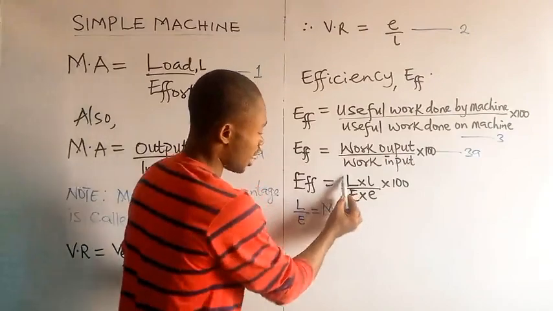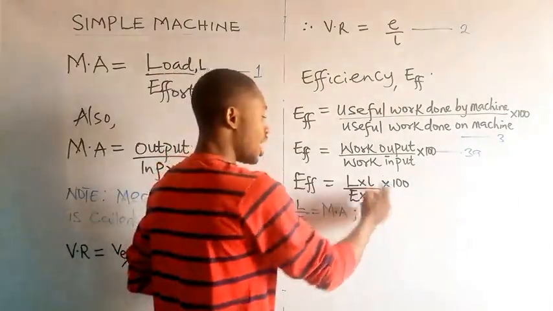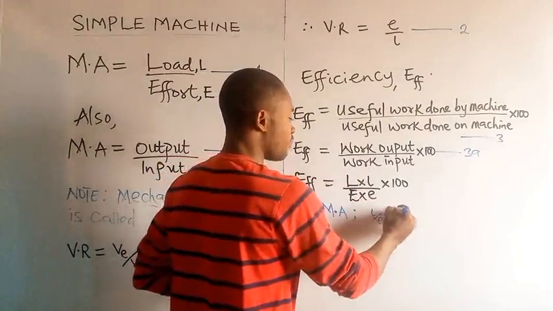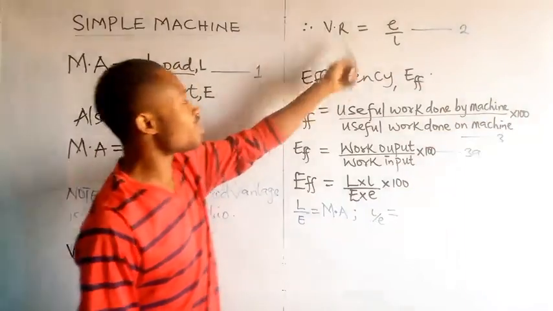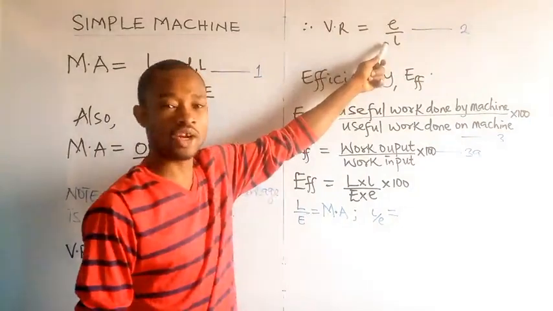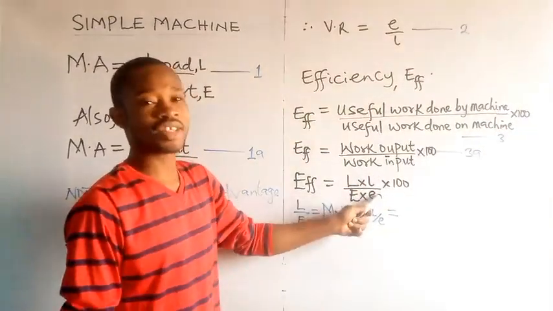So in place of this L over E, we can fix mechanical advantage. Then take note that the distance moved by load divided by distance moved by effort looks like velocity ratio. But the difference is that in the velocity ratio formula, it is distance moved by effort over distance moved by load. This one is distance moved by load over distance moved by effort.